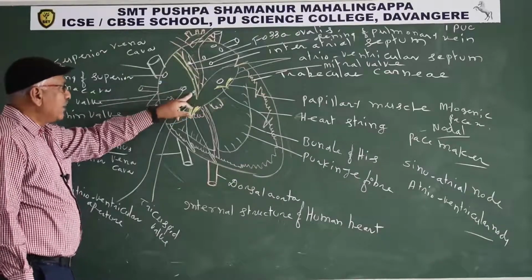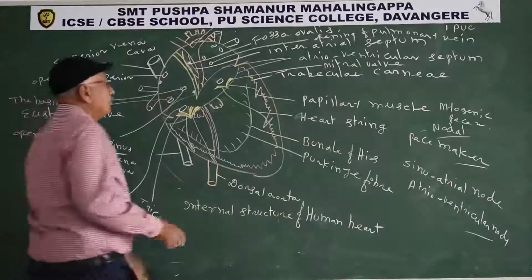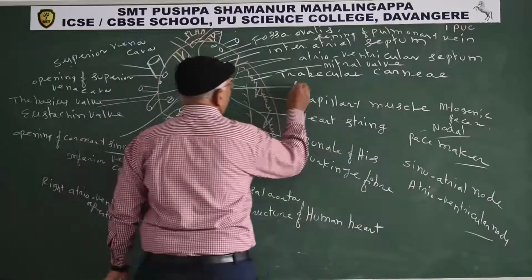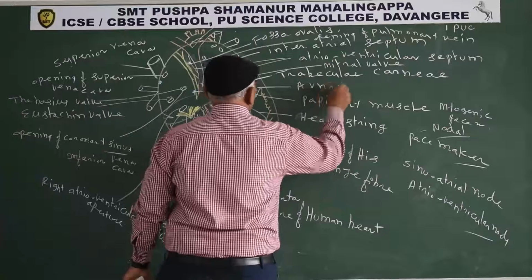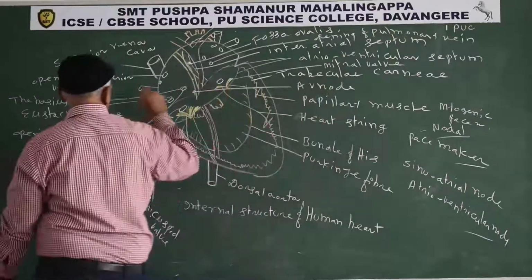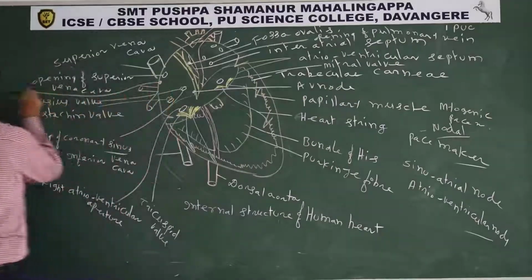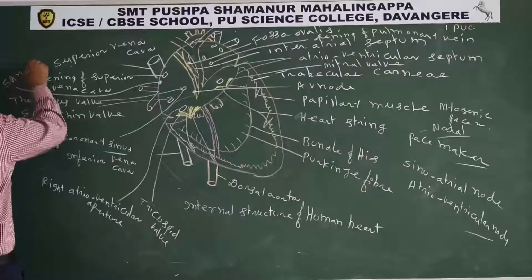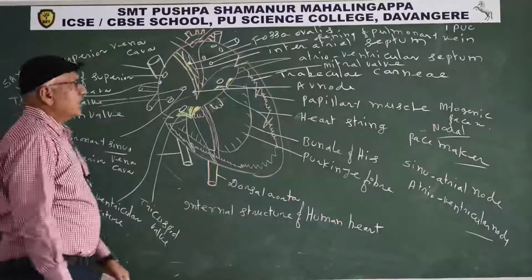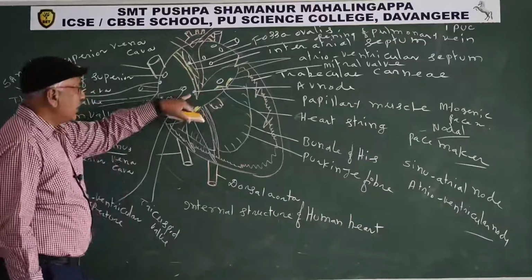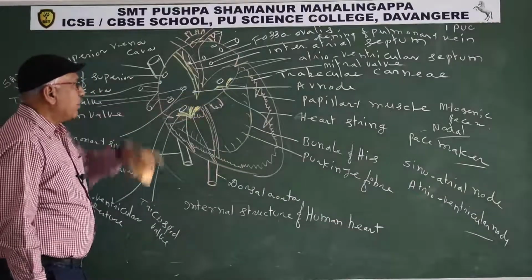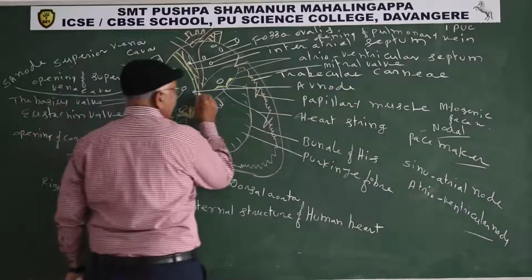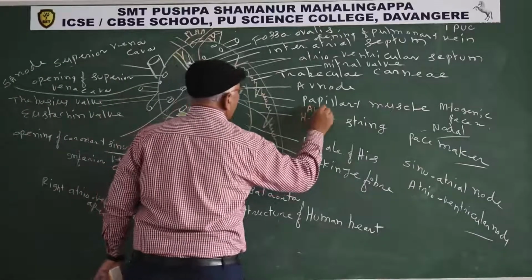From the interatrial septum, the AV node receives the wave of contraction. From the AV node, the AV bundle arises.